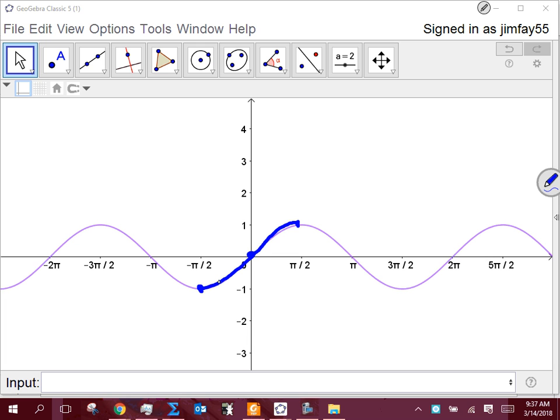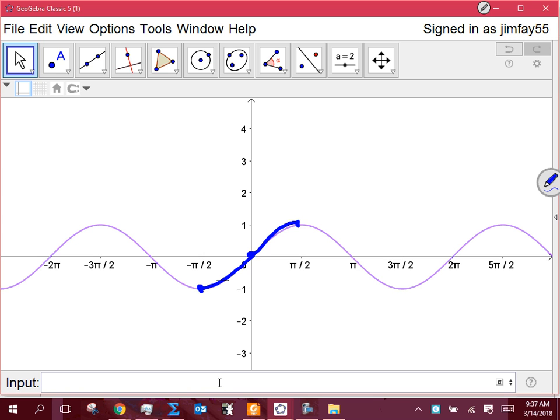And are any of these y values repeated in what I've already got written up here? No. Do I want to go beyond that direction? If I go that direction, do I fail the horizontal line test again? Yeah. So I don't want to include those dotted points. These are the only points that I want to include on my restricted sine function so that it has an inverse.